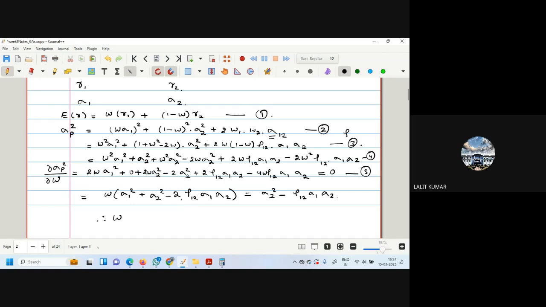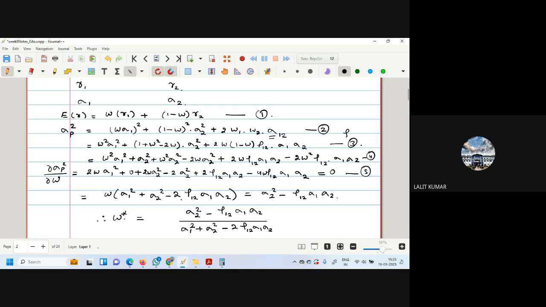Therefore your W star will become sigma 2 square minus rho 1 2 sigma 1 sigma 2 divided by sigma 1 square plus sigma 2 square minus 2 correlation coefficient sigma 1 sigma 2.